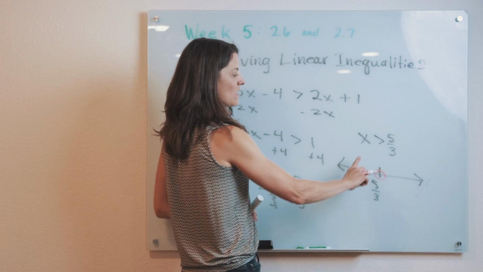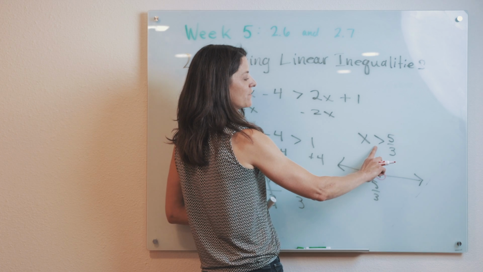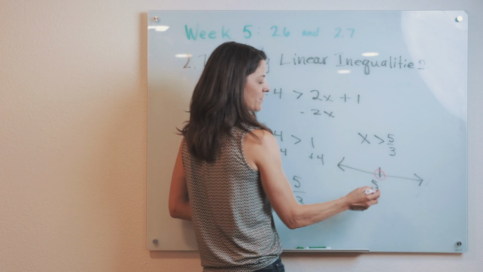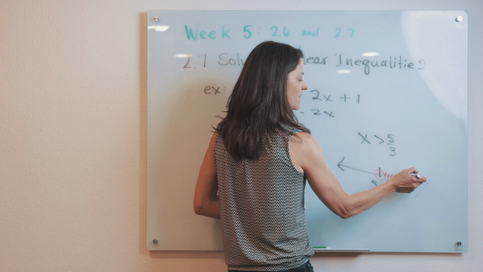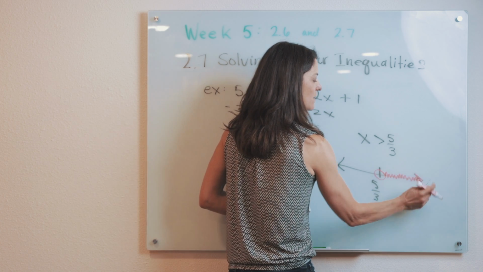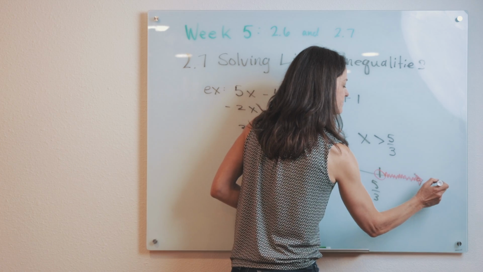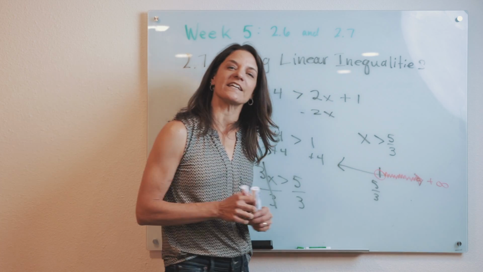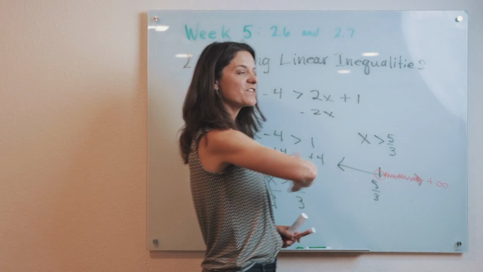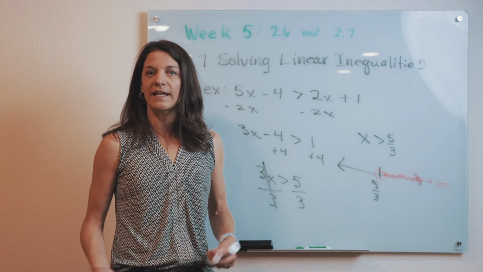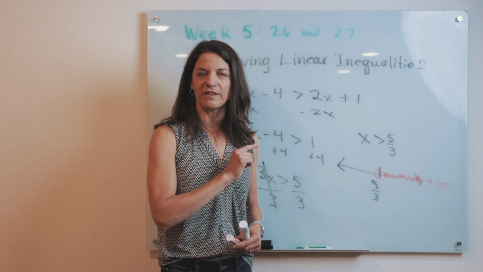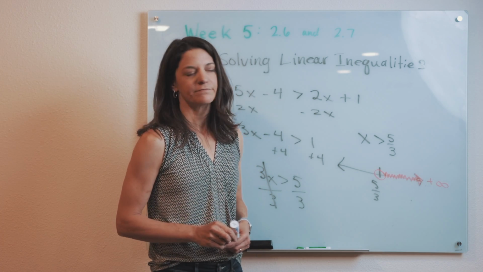But we want all numbers that are greater than 5/3. So we will show that by highlighting the number line all the way to the right, which goes towards positive infinity. That just says there is no largest number that x can equal. It is unbounded, and we represent that idea with positive infinity.